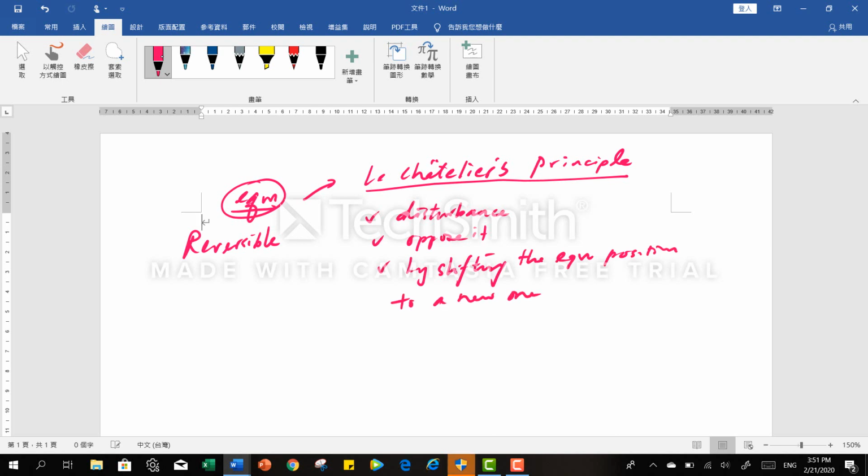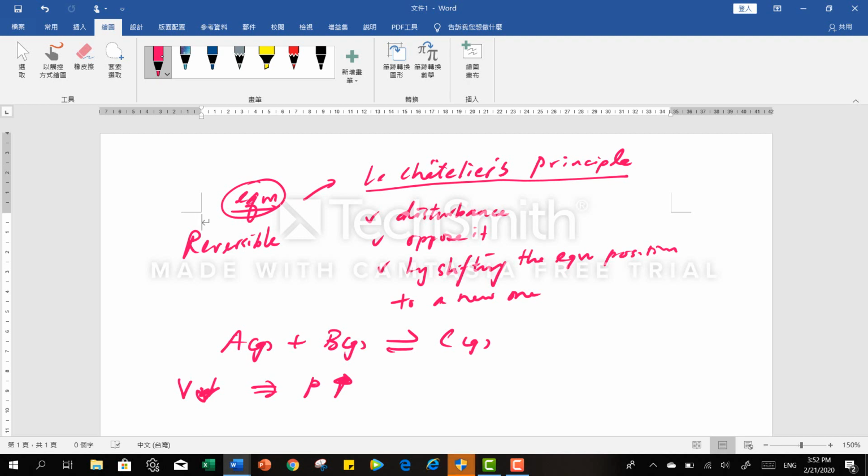For example, the easiest example I show you is this one. If I decrease the volume of the container, what will happen to the equilibrium position? If you decrease the volume, the pressure will increase, right? Common sense, this is physics.